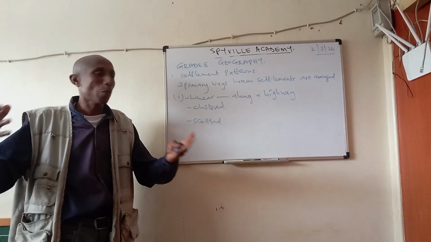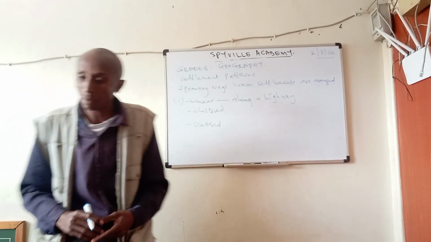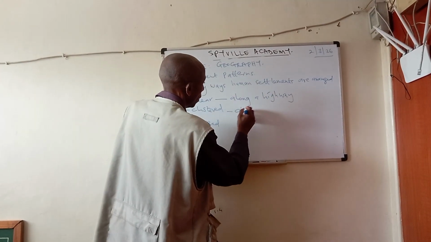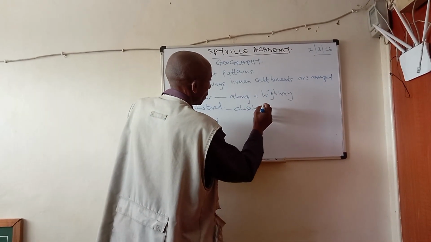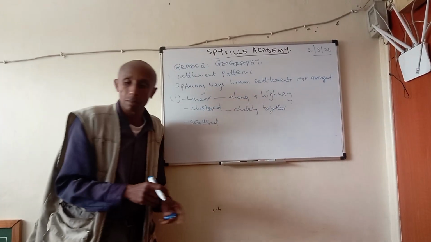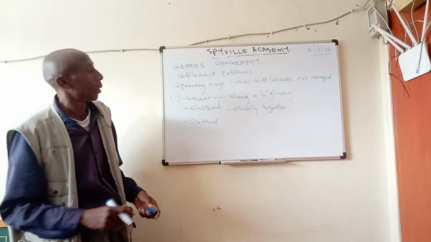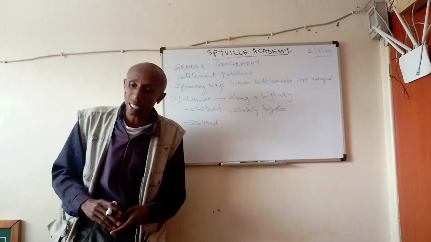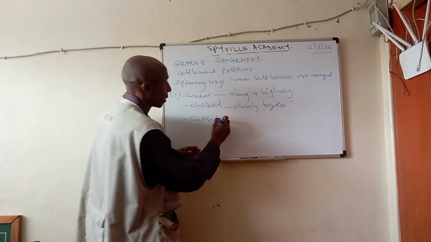Cluster: you find people are normally congregated somewhere. They are close together. Called clusters. Buildings are normally very closely together. The scattered: you find the dwellings are far apart.